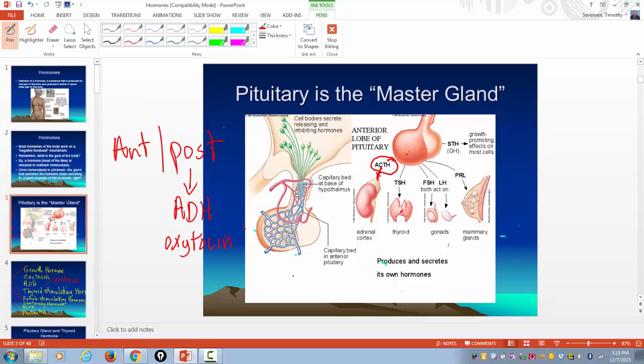It stimulates the adrenal cortex to release three primary hormones. That is aldosterone, DHEA, which is the mother of all hormones, and that tends to be converted to testosterone. And cortisol.